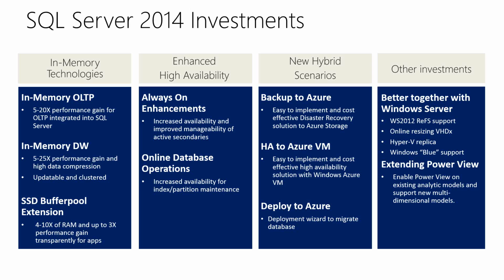And it's an evolution of the column store technology that was first introduced in SQL Server 2012. Now you can update your column store, and it's the clustered index, which has some really nice features. It gives you huge compression, for one thing.